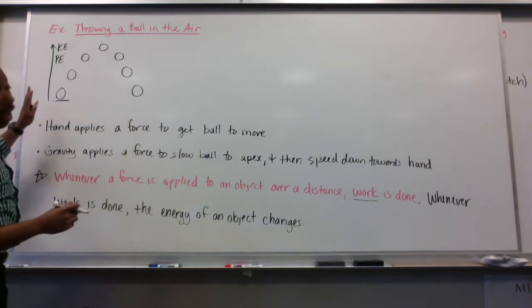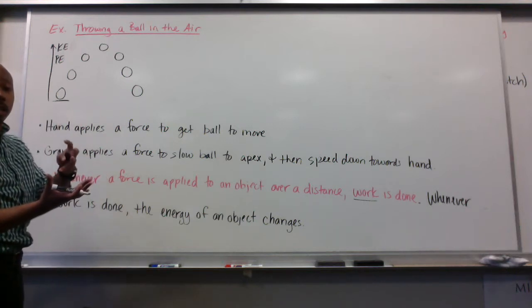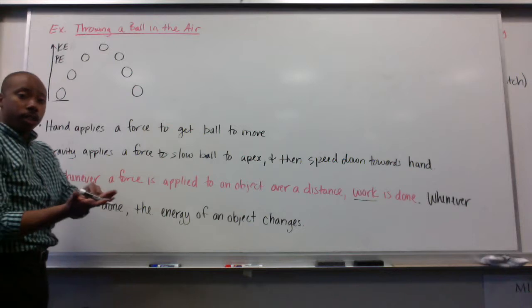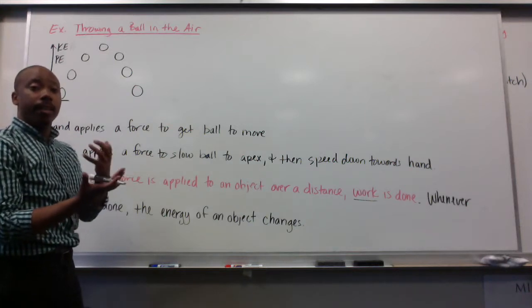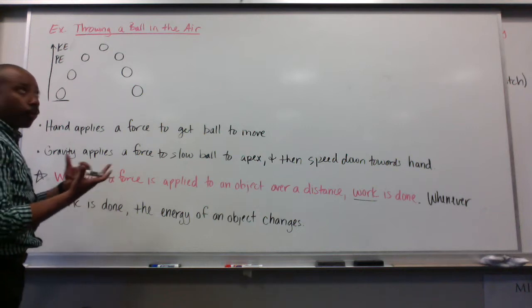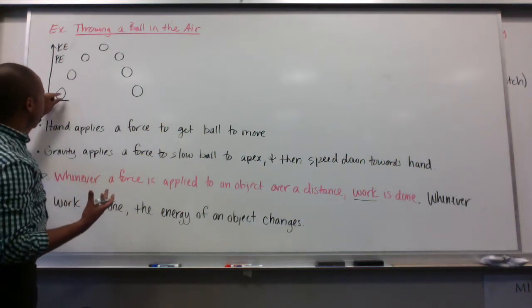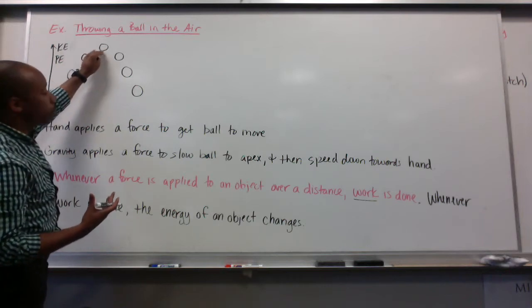As you apply that force, kinetic energy increases momentarily, but as soon as that marker leaves your hand, gravity takes over. And we know gravity is a very powerful force here for us on this earth. It will slow this ball down towards the apex.